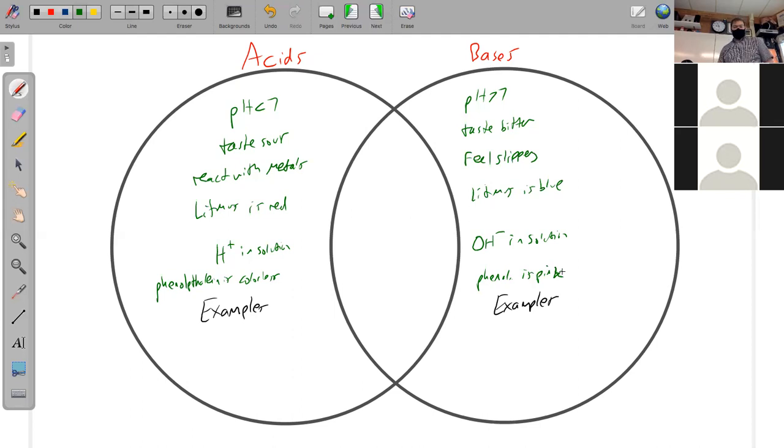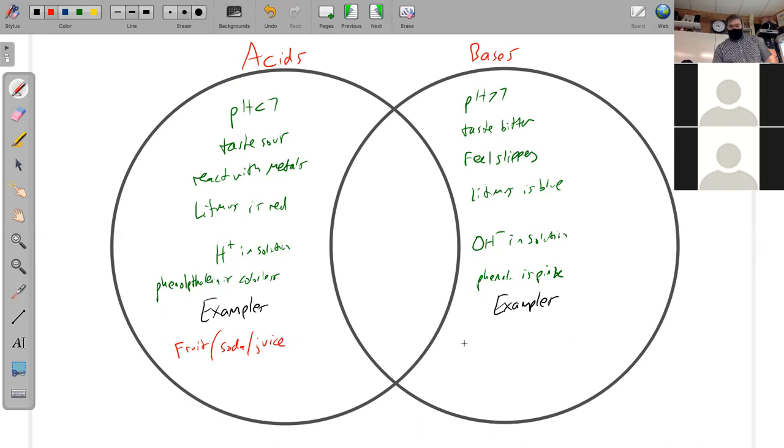And for examples of acids, a lot of people think about fruit. A lot of soda is acidic. Juices. We also use acids for cleaning surfaces, for etching concrete, stuff like that.